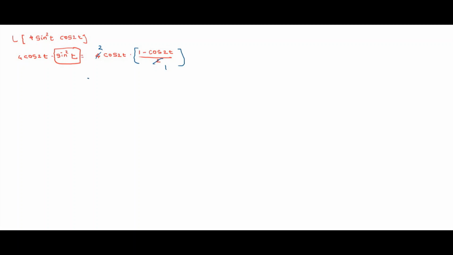So what you will get is 2 cos 2t into bracket 1 minus cos 2t.